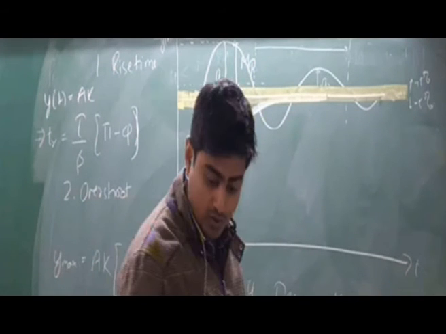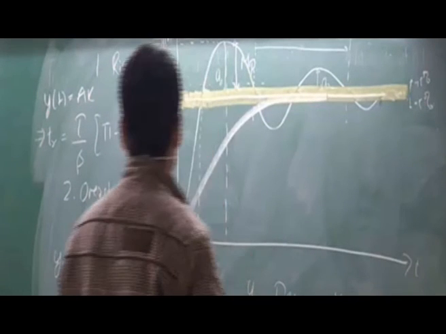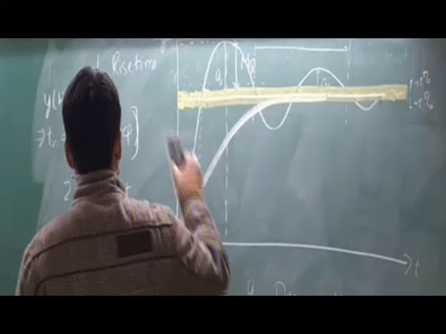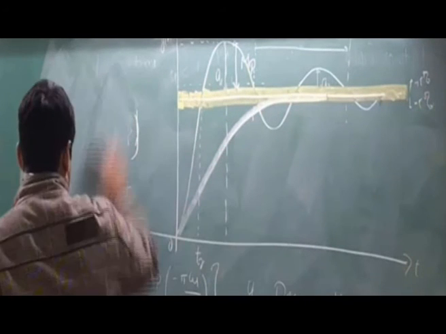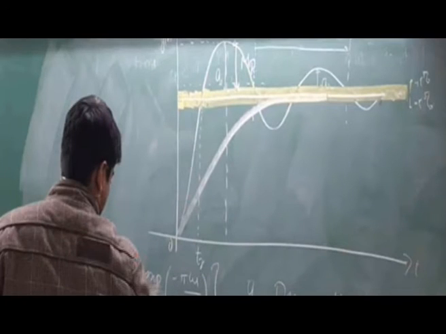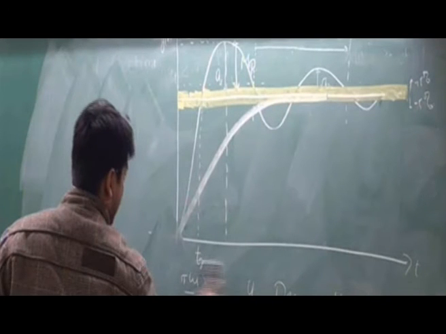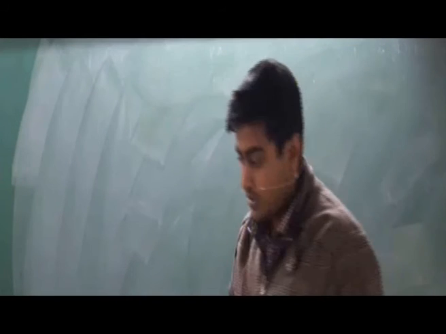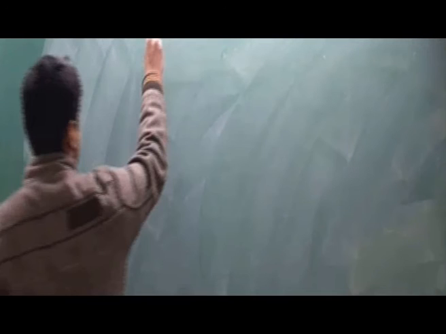As you were asking, why the step response was considered the standard, or why the step input was considered the standard input signal to analyze the second order system. So what we can do very quickly, we could see the impulse response, and then you analyze which response gives you more information.